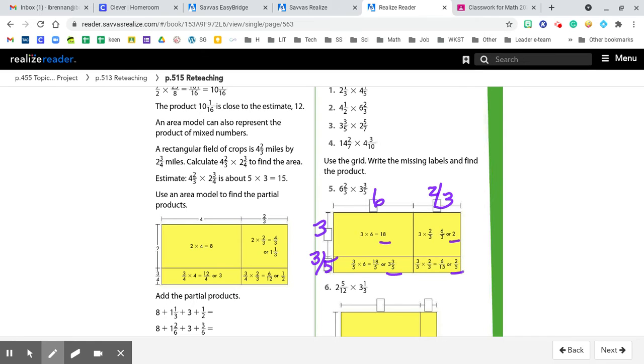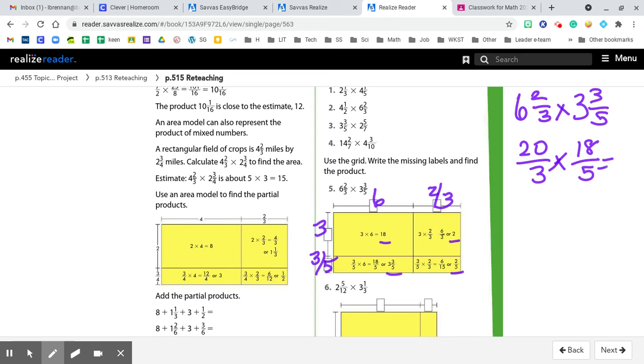What a pain in the rump. 6 and 2/3 times 3 and 3/5. 6 times 3 is 18, plus 2 is 20/3 times 18/5. I'm so tempted to show you a shortcut on this, but we're not supposed to be doing that yet. It's annoying.